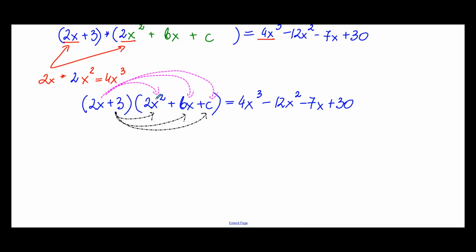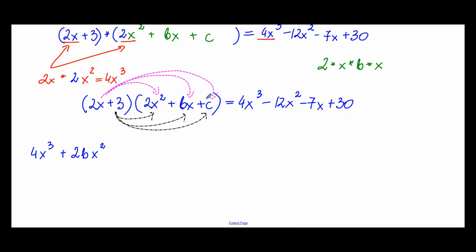So 2x multiplied by 2x squared, we know that's going to be 4x to the power of 3. 2x multiplied by b, and again, if you are confused, you can always write it for yourself, that is 2 multiplied by x, multiplied by b, multiplied by x. And honestly, there is nothing I can multiply here. All I can do eventually is to write x multiplied by x in an abbreviated form, meaning x to the power of 2. That's all I can do.